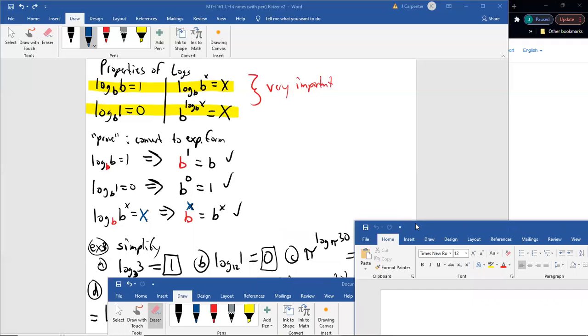So let's make it some goofier numbers. Pi raised to the log base pi of 30. So you've got logs and exponents, so clearly it's not the top left or bottom left property, it's one of these two. It's a matter of which.